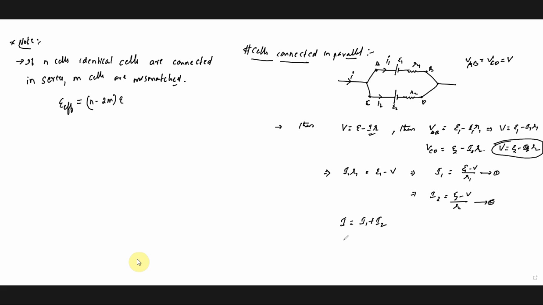If I substitute, I get (E1 minus V) by R1 plus (E2 minus V) by R2. This can also be taken as E1 by R1 plus E2 by R2 minus V into (1 by R1 plus 1 by R2). Shall I write like this or not?